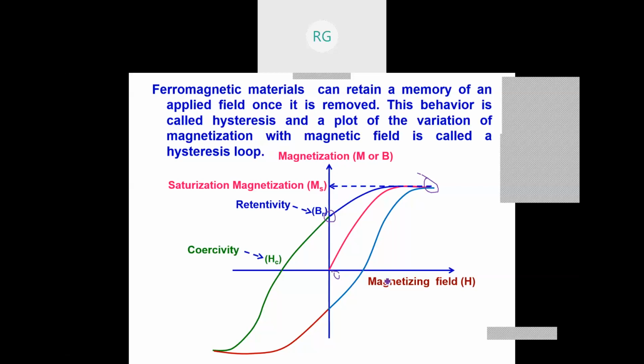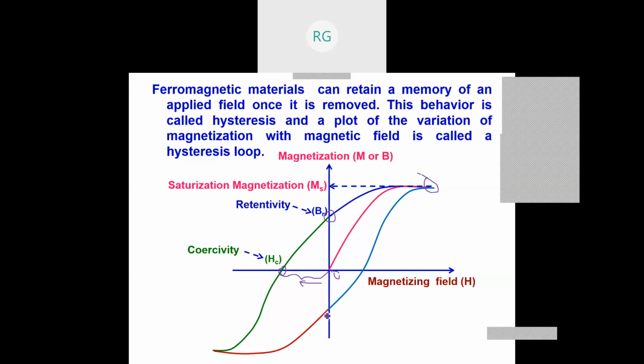And this is called coercivity or coercive field, the field required in the negative direction to demagnetize the already magnetized sample so that B is zero here.